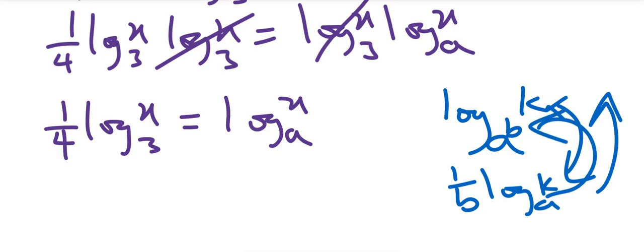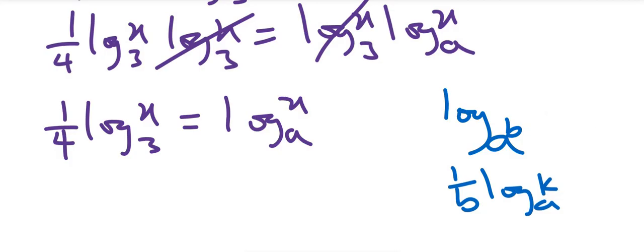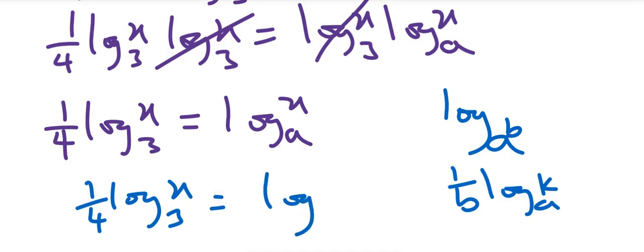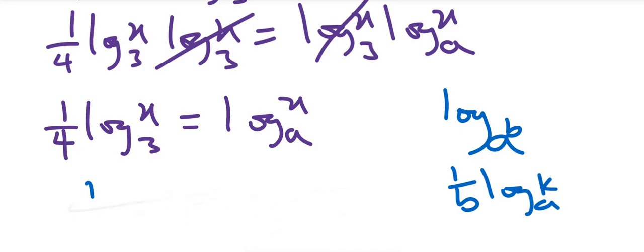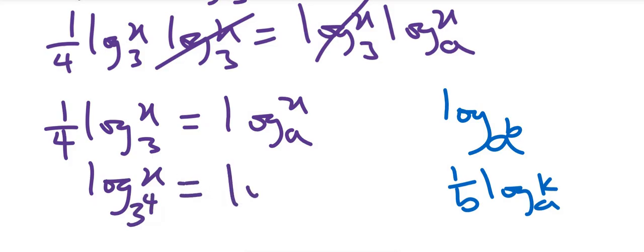That's what I'm trying to say. So 1 over 4 log x base 3 is the same thing as log x base 3 to the power of 4. Still the same thing. So I have log x base 3 to the power of 4 equals log x base a.